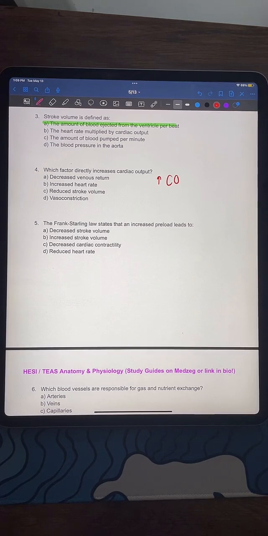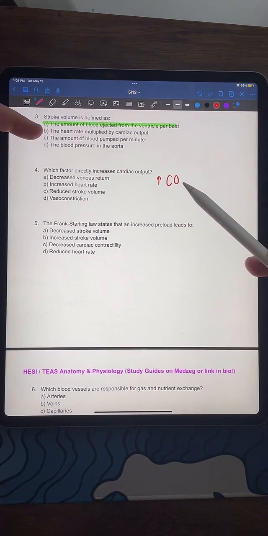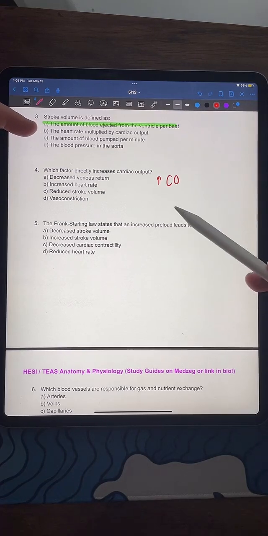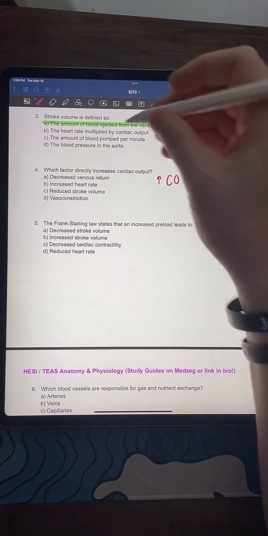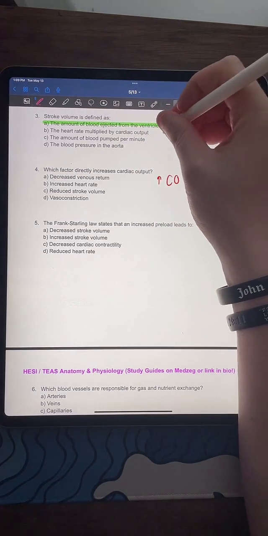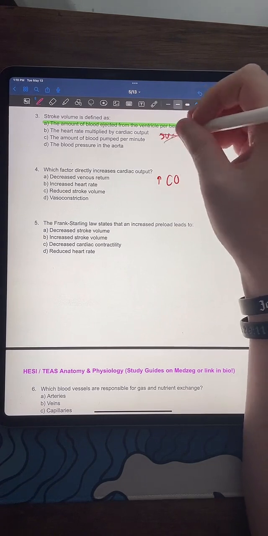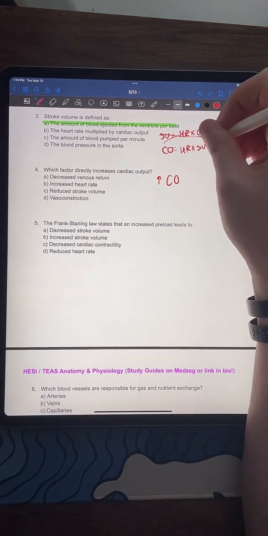So B, the heart rate multiplied by cardiac output. Cardiac output is equal to heart rate times the stroke volume. So this is saying that stroke volume equals heart rate times cardiac output. That's wrong. It's cardiac output equals heart rate times stroke volume.